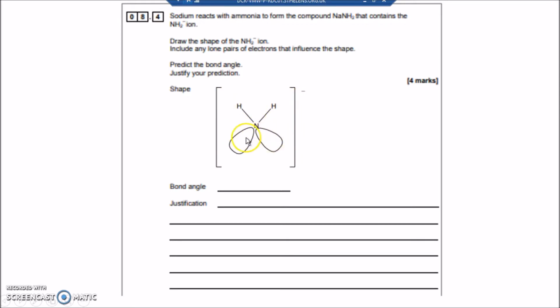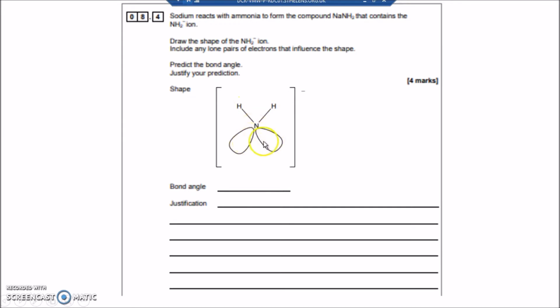So I've got 2 lone pairs because nitrogen had 6 electrons, 5 of its own, an extra 1. 2 bonding pairs take up 2 of the electrons, 4 left over, 2 pairs. These are my 2 lone pairs. You might think that's tetrahedral because there's 4 pairs, 2 lone pairs and 2 bonding pairs. Except it's not, because you don't actually see these lone pairs, so you consider this part, which means that it's V-shaped or bent.